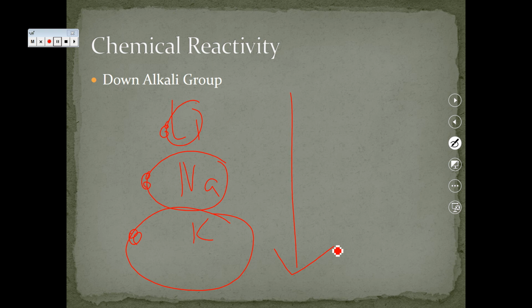It is going to increase. So the most reactive alkali metal is going to be at the bottom, which is francium, because that electron has a smaller attraction to the nucleus where the positive protons are, than lithium's electron that is closer to the center.